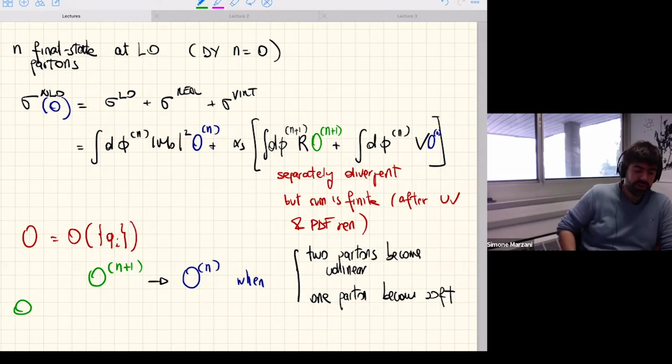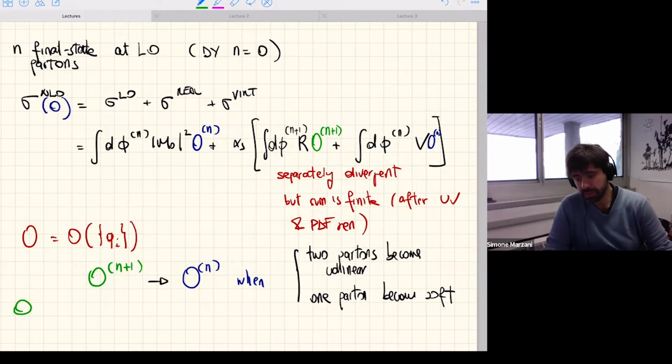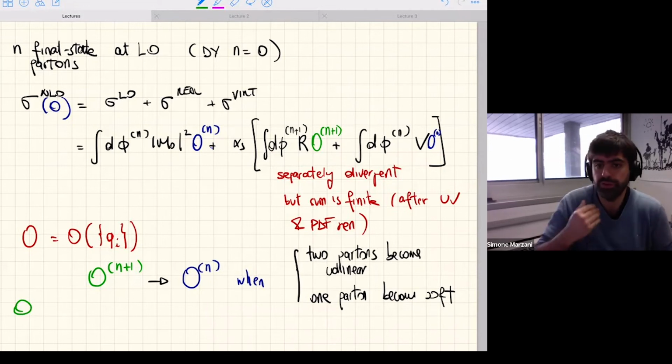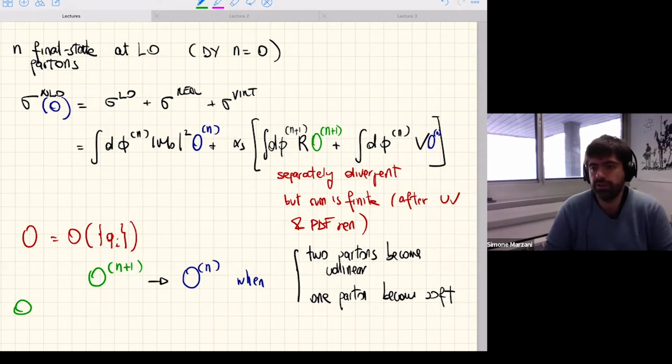That is true. I guess one way of stating it is that from the perturbative viewpoint, we need IRC safety to get a finite cross-section. From a phenomenological viewpoint, we want IRC safety because we want to build observables which are not too sensitive to the non-perturbative aspects of QCD, they don't depend too much on them.